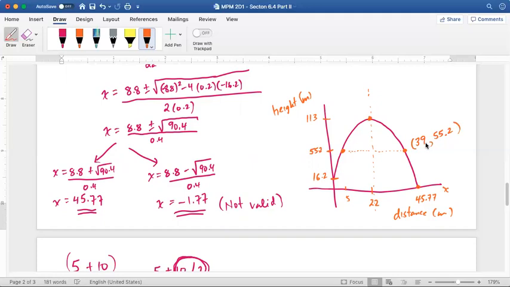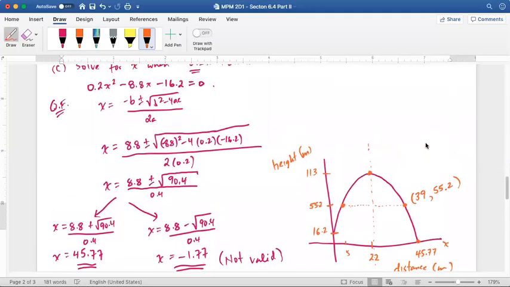One other thing I wanted to talk about, since I've got your attention here, is taking a look at the domain and range of a question like this. I would say that our domain, remember in the last unit we guessed on the domain when it hit the ground. Well, now we know with some certainty that it's 45.77.